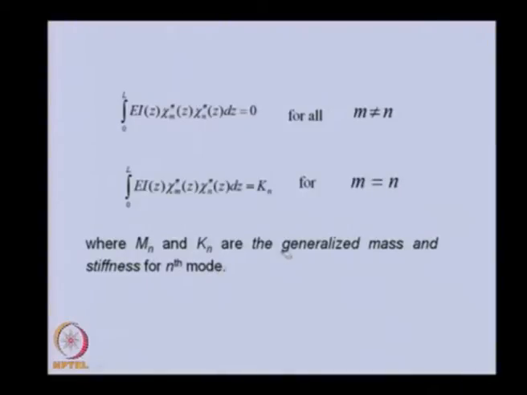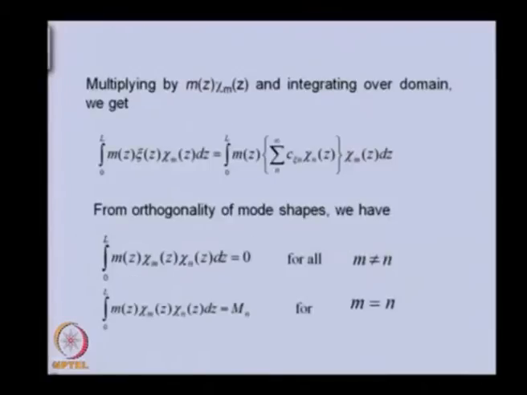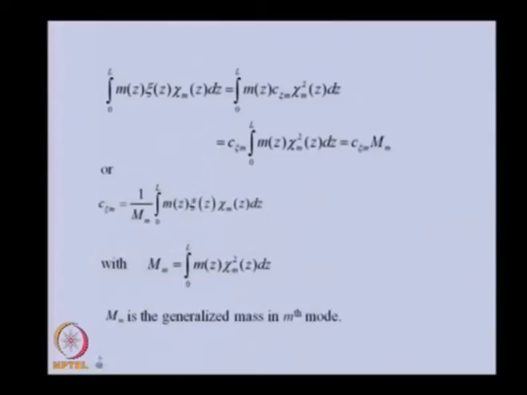This is along the same line as we described earlier for the modal eccentricity. Here, modal mass and modal stiffness have been defined. In vibration, this is called generalized mass and generalized stiffness for one particular mode. Using this orthogonality condition, we can simplify the previous equation which we multiplied.